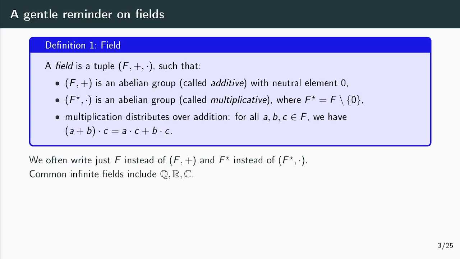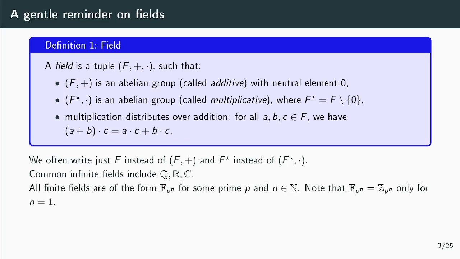If you want to see some examples, the common ones for infinite fields are the rational numbers, the real numbers, and the complex numbers. But we also have examples of finite fields. And in fact, for any prime number p and its power n, there is exactly one field with p to the n elements up to isomorphism. We denote this field F_p^n.